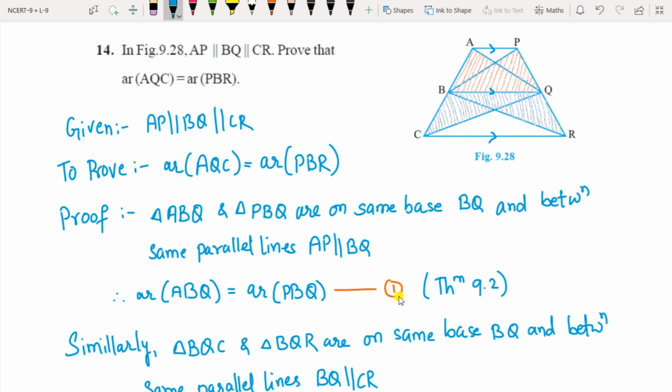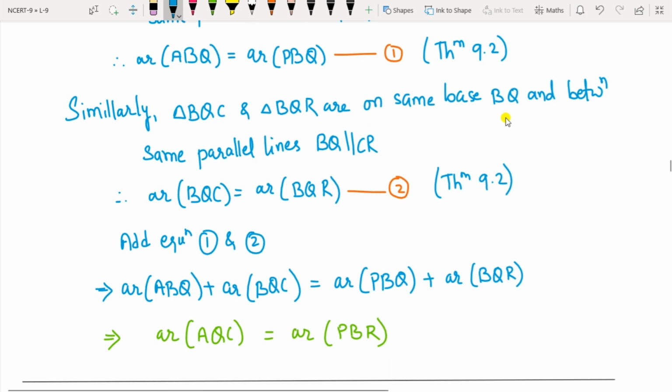Right? Now similarly consider these two triangles, that is BQC and BQR here. They also lie on the same base BQ and between the same parallel lines BQ and CR. Therefore area of BQC and area of BQR are equal. That is your equation number 2. Now add equation 1 and 2.